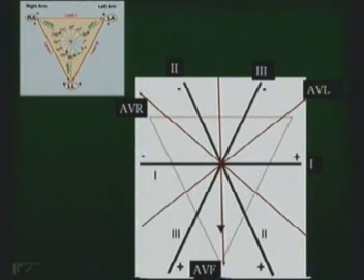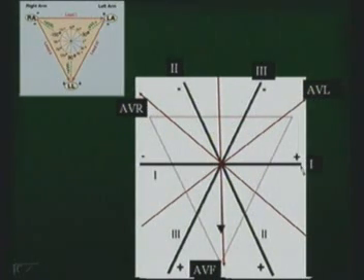We've taken lead 2 from here and parallelly moved it down, so we've got lead 2 here. So we've got lead 1, lead 2 and lead 3 here, and AVR, AVL and AVF are already there. So we've got a hexaaxial system now. If you just memorize, the 0 on this is lead 1. The 90 on this is lead AVF. It simplifies things for you.